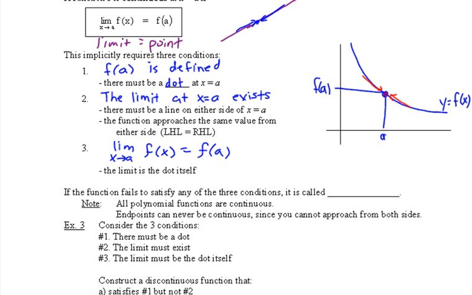If the function fails to satisfy any of these 3 conditions, it's called discontinuous, and it's not a continuous function. So all polynomials are continuous. Endpoints can never be continuous since you can't approach them from both sides.